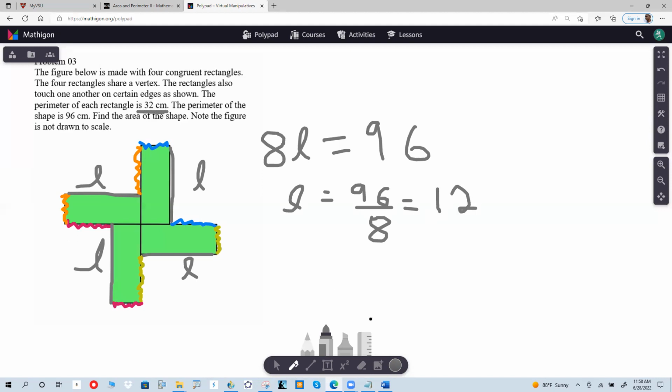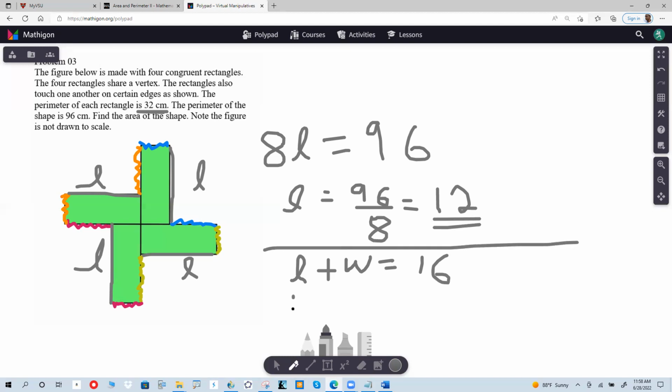Remember the semi-perimeter is length plus width, and that has to be half of 32, which is 16. So the semi-perimeter is 16, not 32, but L is 12. W has to be 4 because 12 plus 4 is 16.